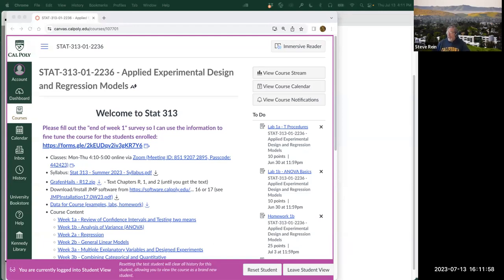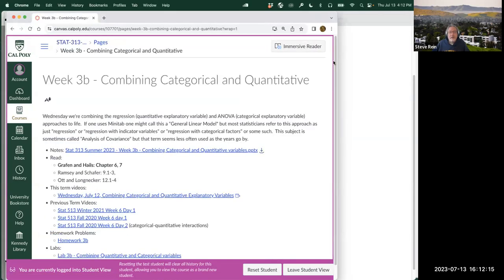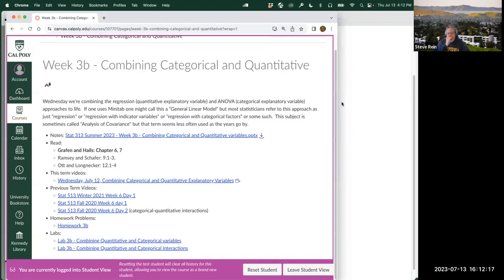Good. And now that I'm sharing that, I just want to draw your attention to, well, here's where we're at in the course material. And within our week 3B, which is combining these categorical and quantitative variables, because in chapter 7, we're going to get into chapter 7 a little bit today.